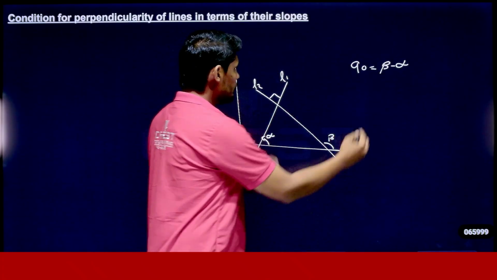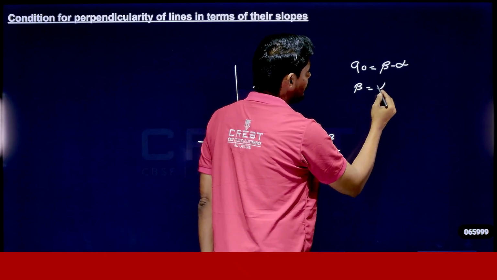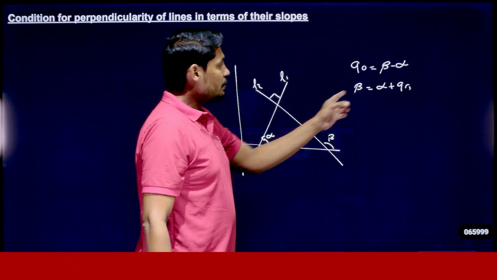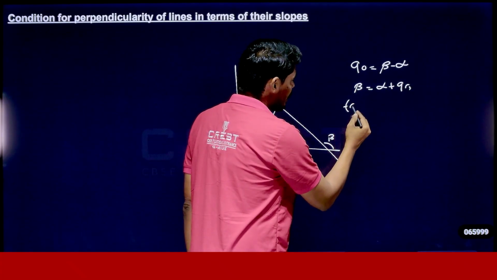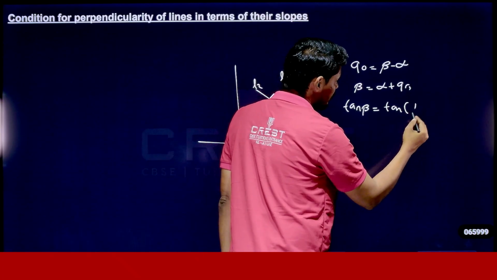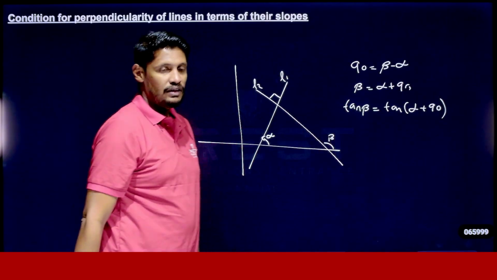and from here you will get beta equal to alpha plus 90. When applying tan on both sides, tan beta is equal to tan of alpha plus 90.